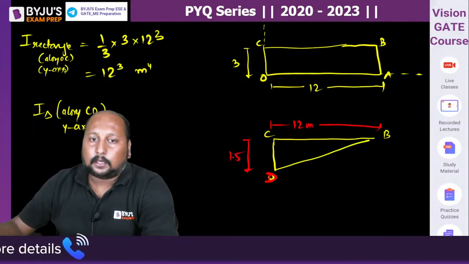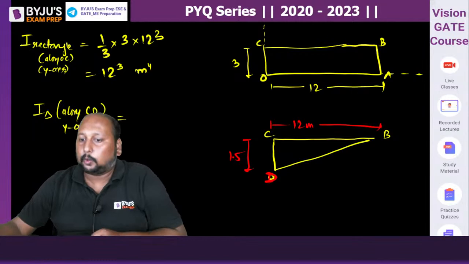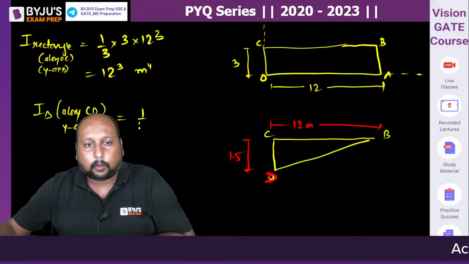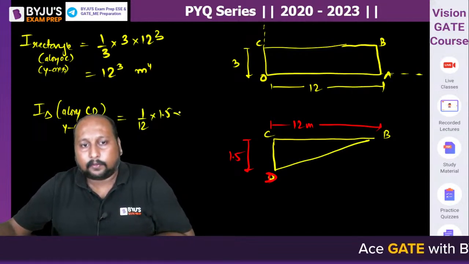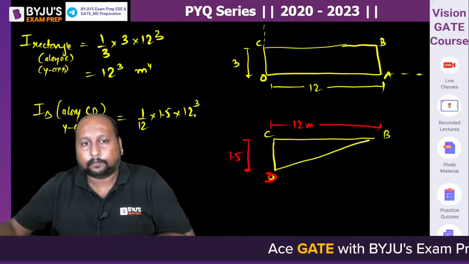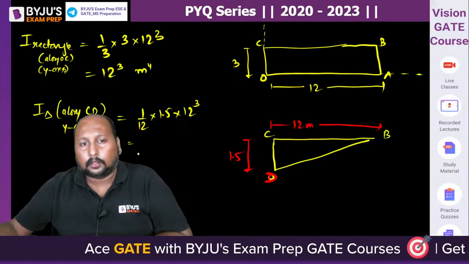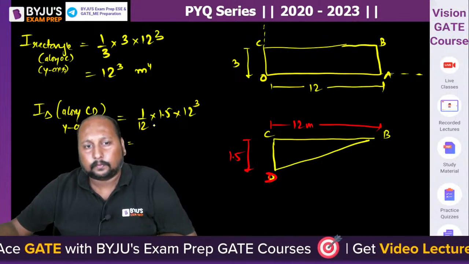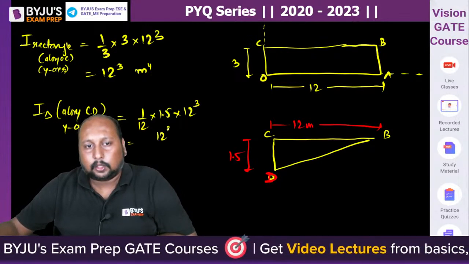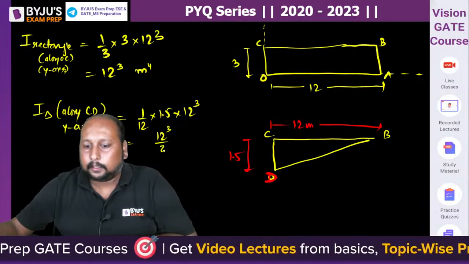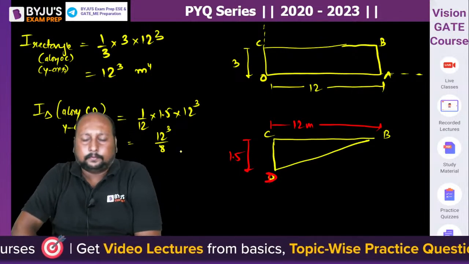What will this be? 1/12 of 1.5 into 12 cube. So this is equal to how much? This will be equal to 12 cube by 8.